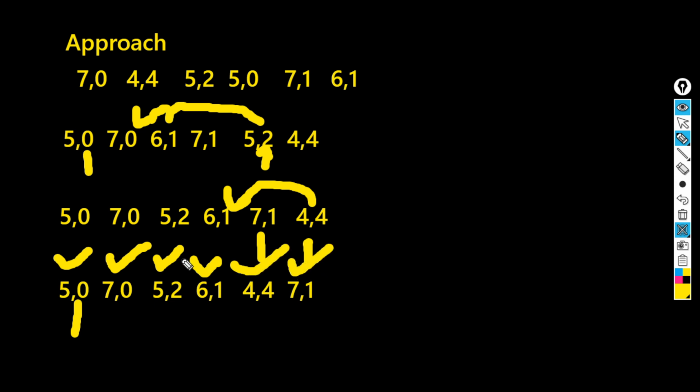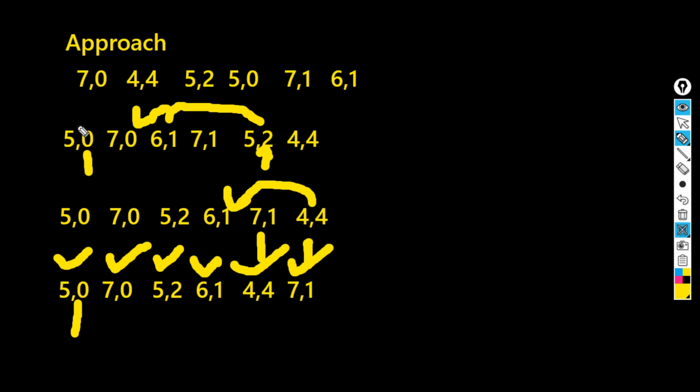So the approach is we first sort in reverse order according to the 0 index and in increasing order according to the first index. After doing that, we insert the elements at the given index, the person's first index.